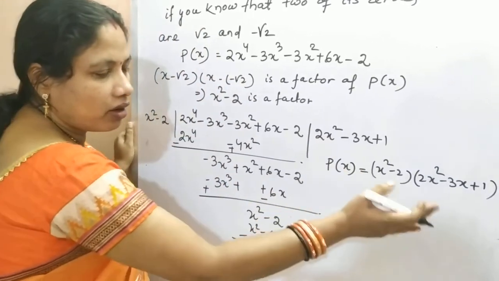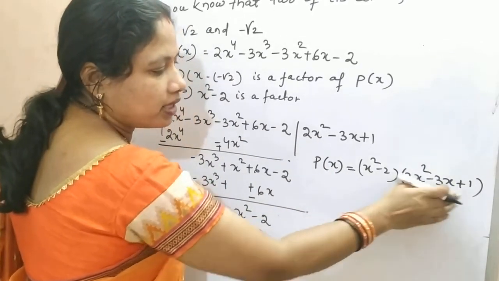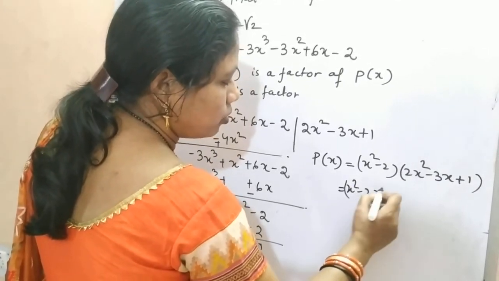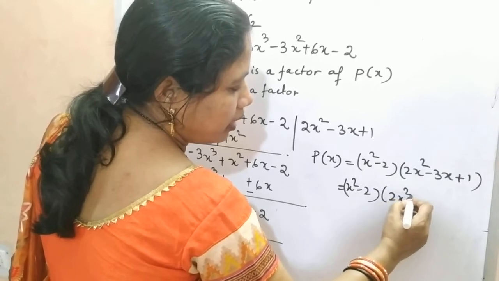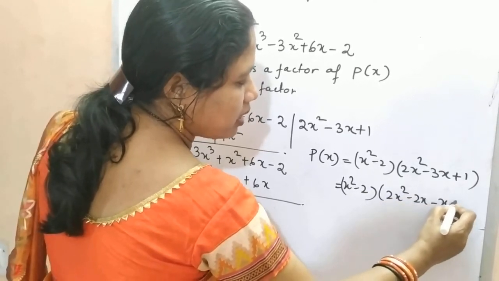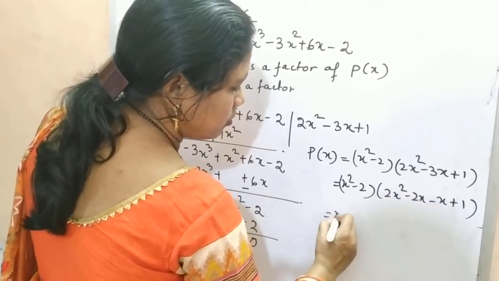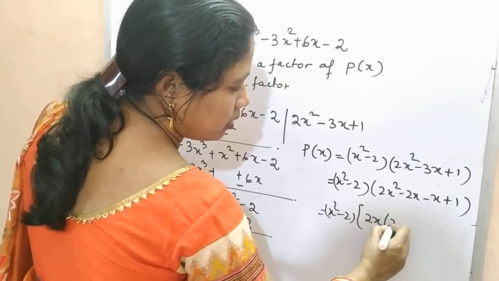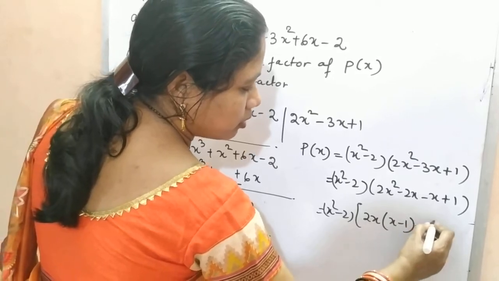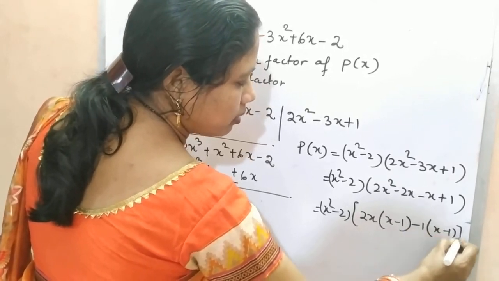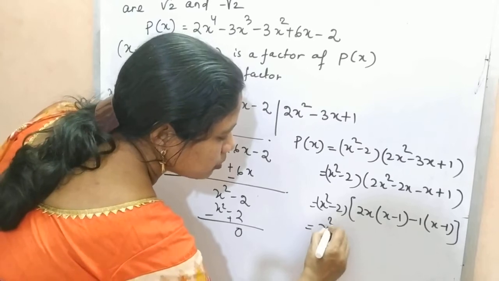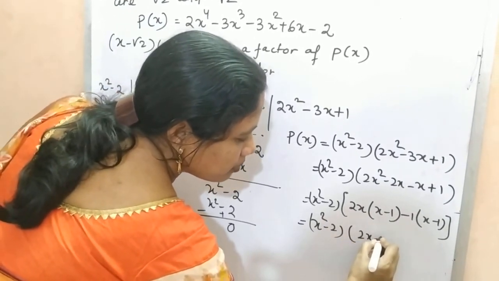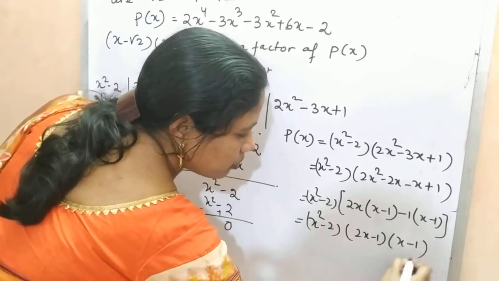So to find the other zeros, we have to factorize this. So this becomes x square minus 2, this is 2x square minus 2x minus x plus 1. So this is equal to x square minus 2 whole into 2x, x minus 1 minus 1 into x minus 1. So this is equal to x square minus 2 whole into 2x minus 1 into x minus 1.